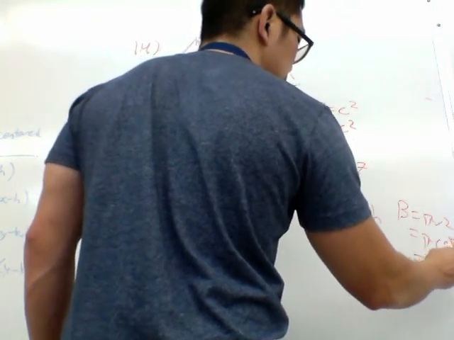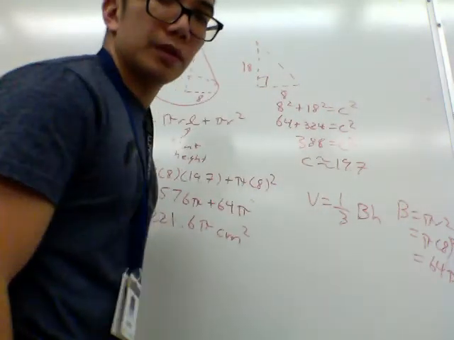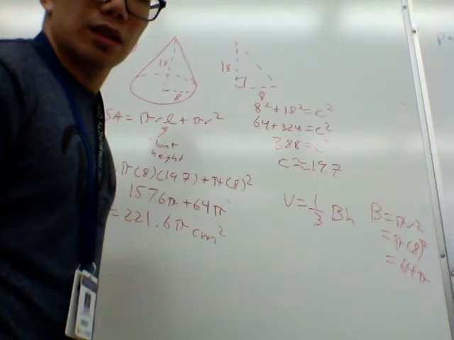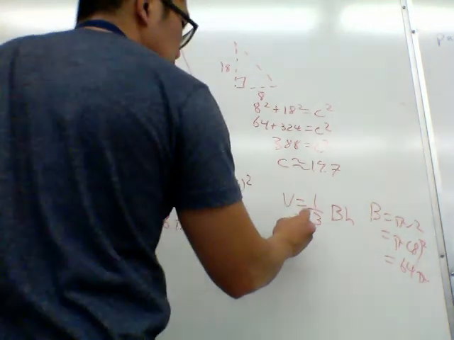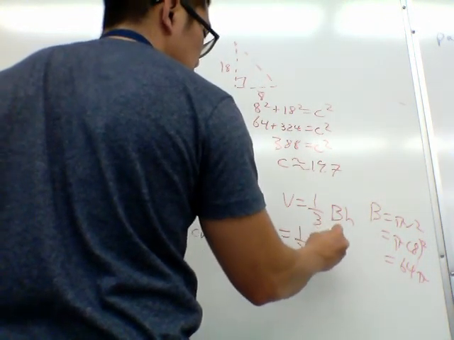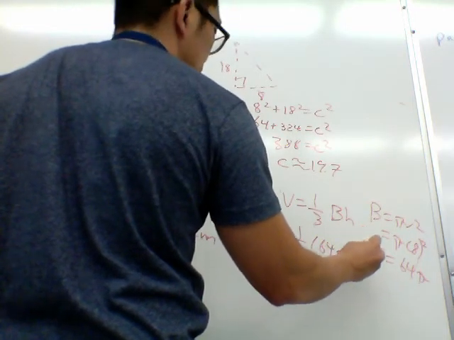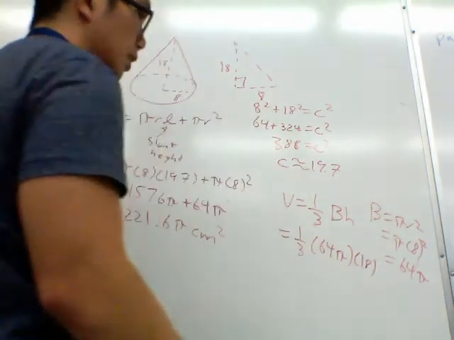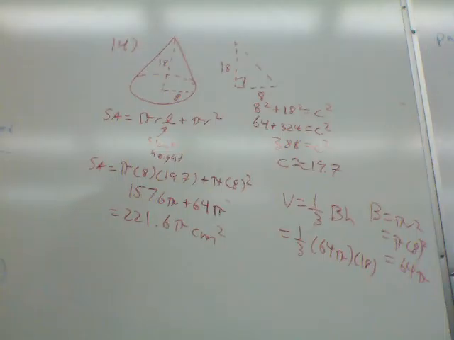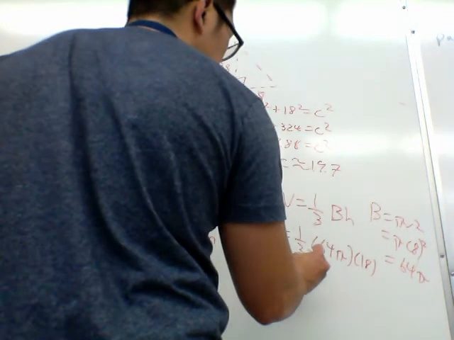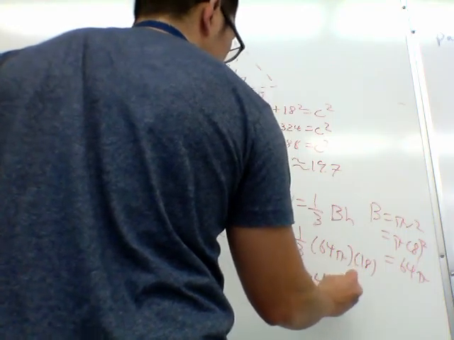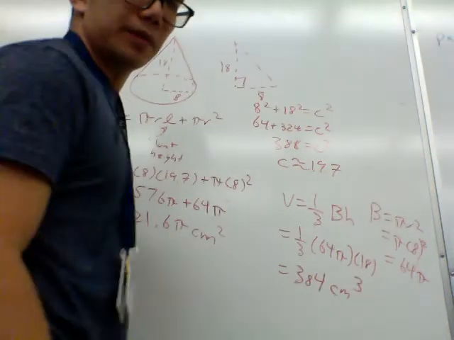So big B is 64 pi. Okay. So this is going to be 1/3 times 64 pi times 18. And so the volume should be 384 pi centimeters cubed.